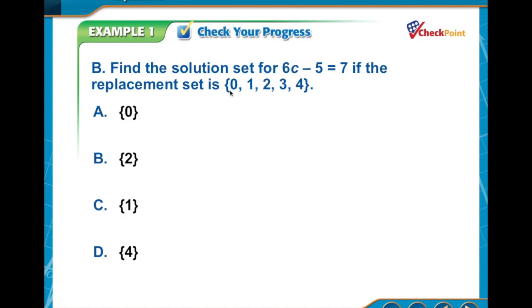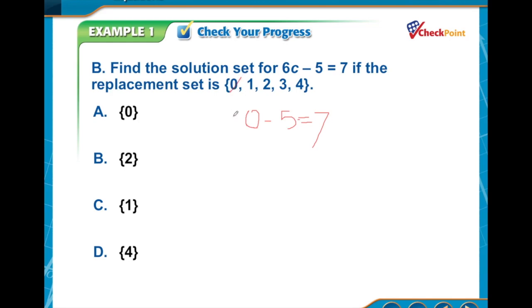If I plug in a 0, I get 6 times 0 is 0, minus 5, and that will equal 7. Now, does negative 5 equal 7? Definitely not. So 0 is out.